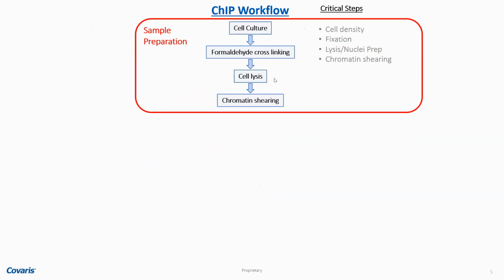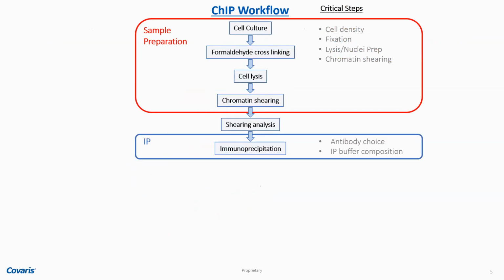Then you need an efficient cell lysis to extract your nuclei, and then chromatin shearing. What is important in these workflows is that you need to control your cell density, the fixation step, the lysis and nuclear preparation, as well as the chromatin shearing process, in order to have good starting material for your downstream steps.